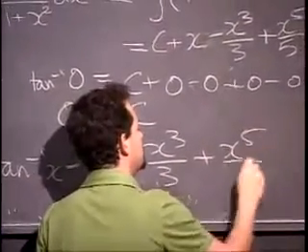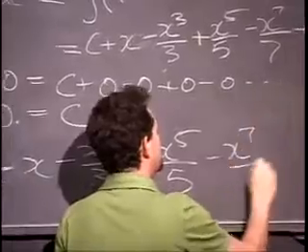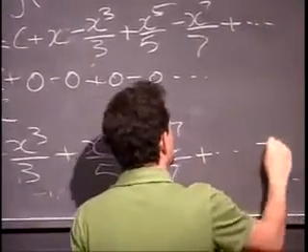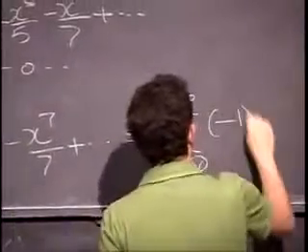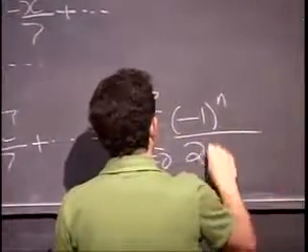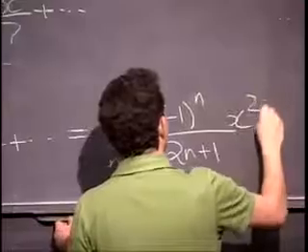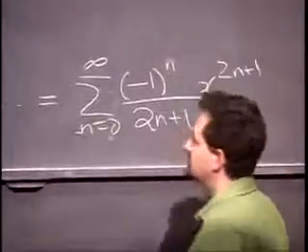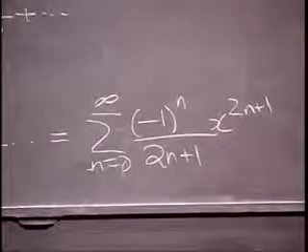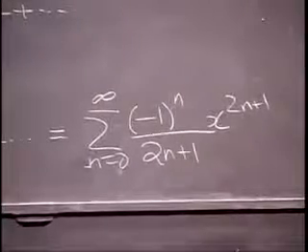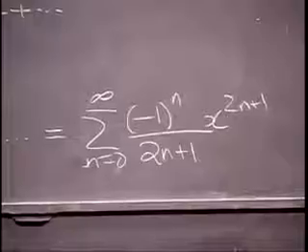X minus x cubed over 3 plus x to the 5 over 5 minus x to the 7, and so on. And this is, in sigma notation, minus 1 to the n over 2n plus 1, x to the 2n plus 1. Same as the series for sine x, right? What's the difference between this and the series for sine x?